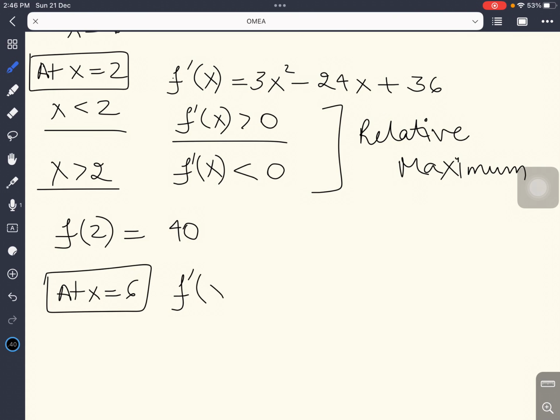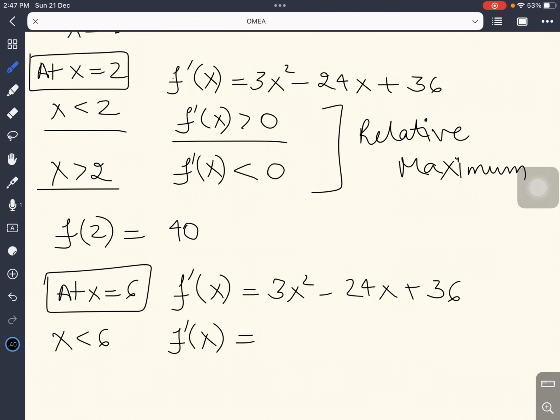Here f dash x is equal to 3x square minus 24x plus 36. At x less than 6, let's look at f dash x. If we put in any value like 3, 4 or 5, we know that f dash x is coming out to be less than 0.